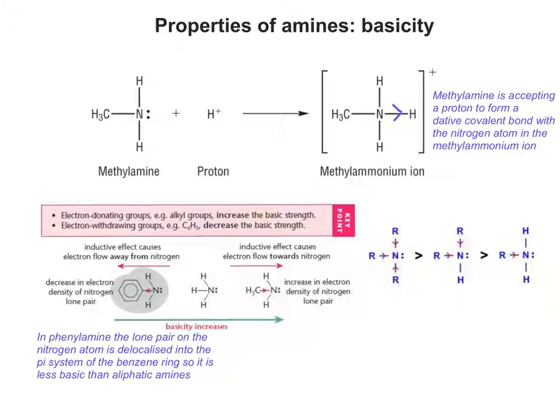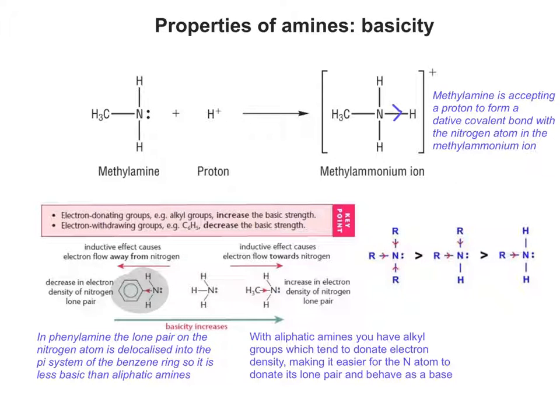If the lone pair is less available, the molecule is less basic, as it's less able to bond with a proton. And with aliphatic amines, you have alkyl groups which tend to donate electron density. What that means is the nitrogen atom finds it easier to donate its lone pair and behave as a base. So aromatic amines tend to be less basic, aliphatic amines tend to be more basic.